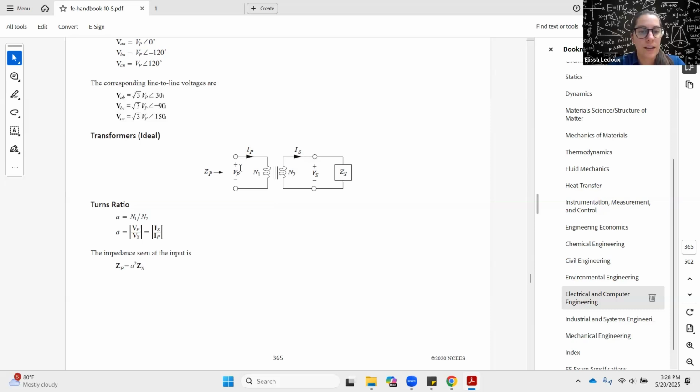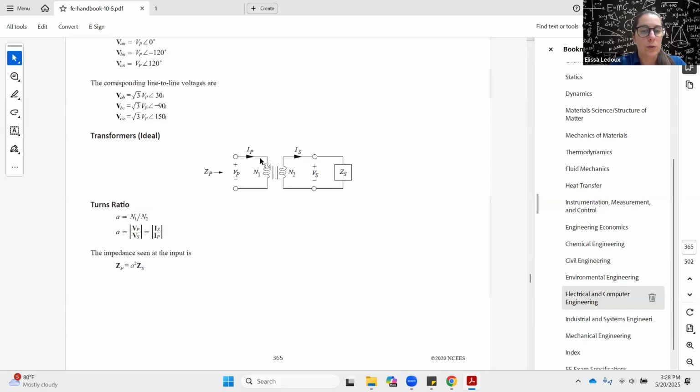So if N1 is bigger than N2, then you would have a bigger voltage and a smaller current. And the impedance seen, which is essentially the resistance, capacitance, and inductance, would reflect across at a value proportional to A squared.